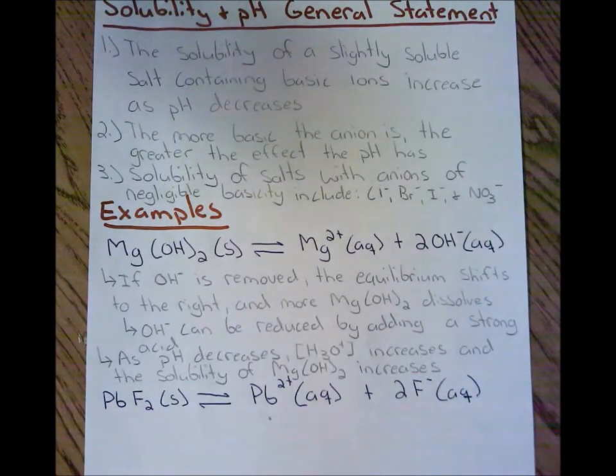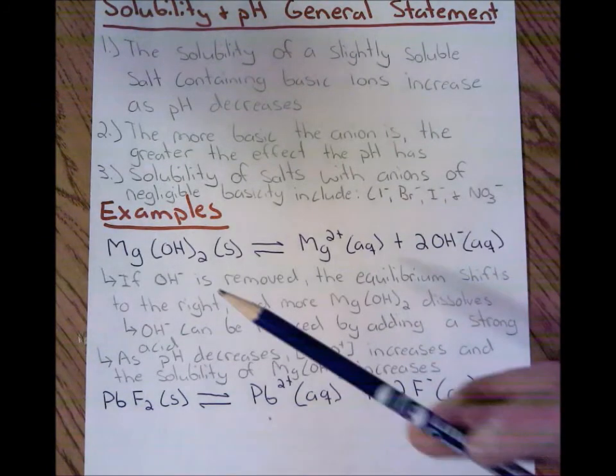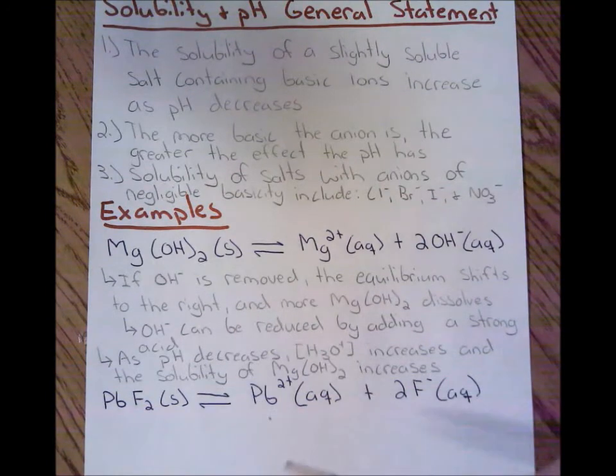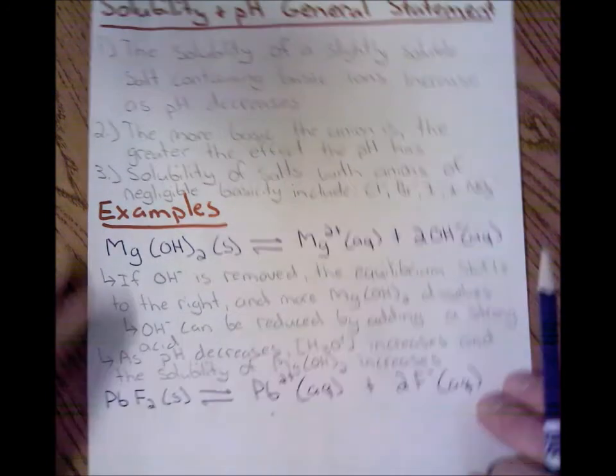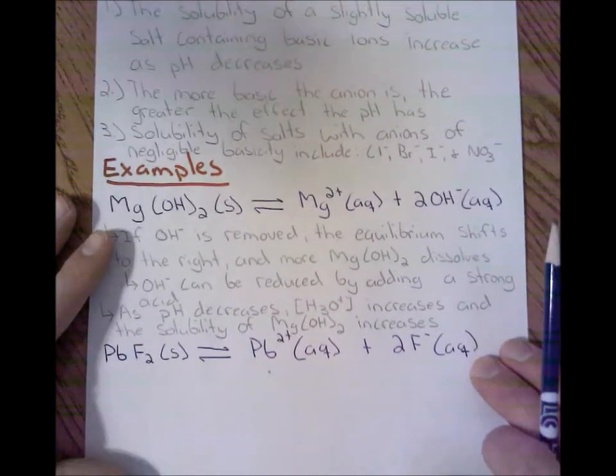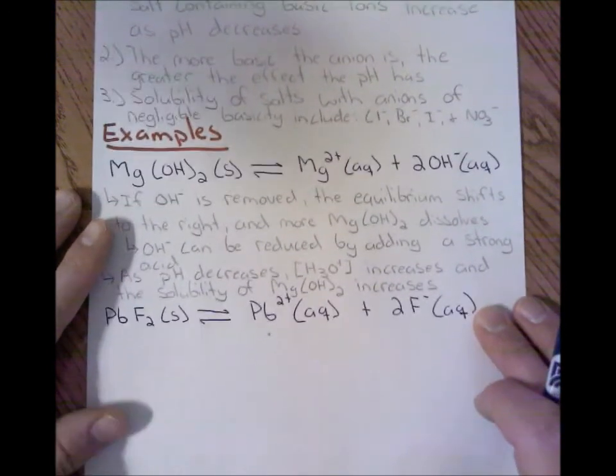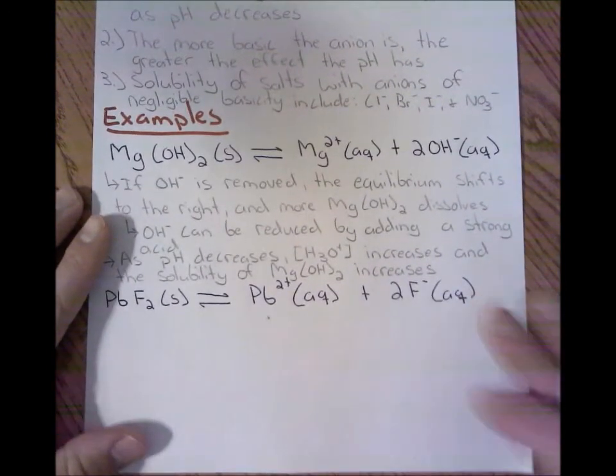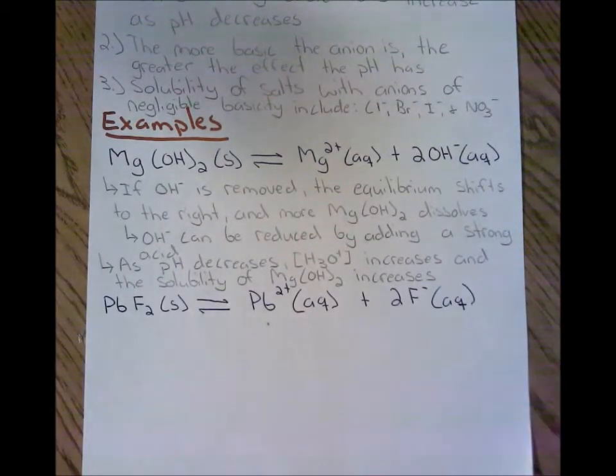Now, on the flip side, we have lead II fluoride down below here, and we're going to make some general statements like we did above. So with our lead II fluoride, if the F- is removed, the fluoride ions, then the equilibrium shifts towards the right, and lead II fluoride dissolves.